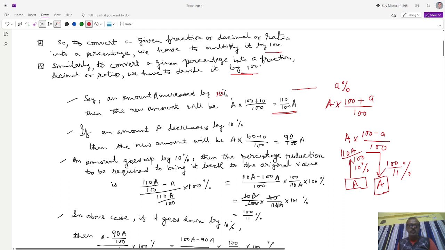Out of the new value. So the ratio is 110A divided by 100 minus A, divided by 110A divided by 100. Once again, this is the new value. This is the original value.